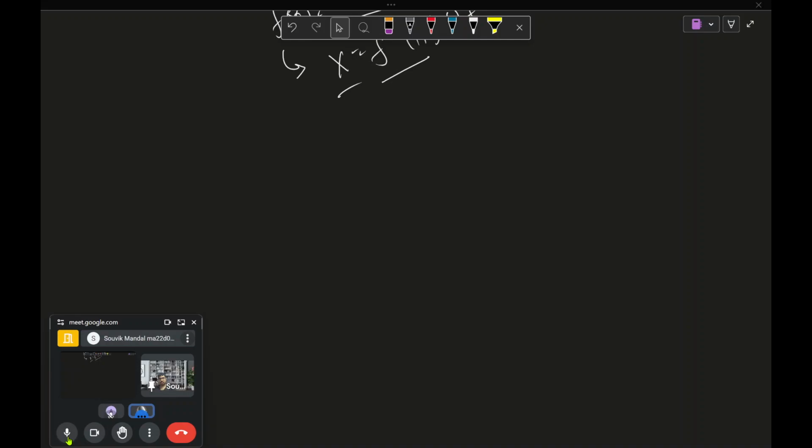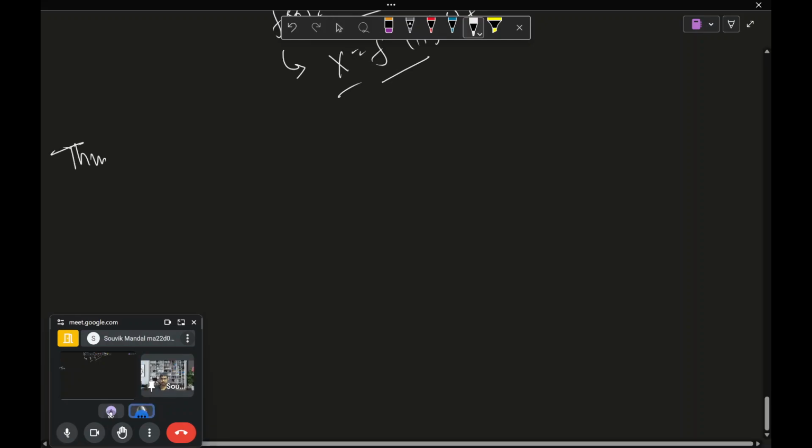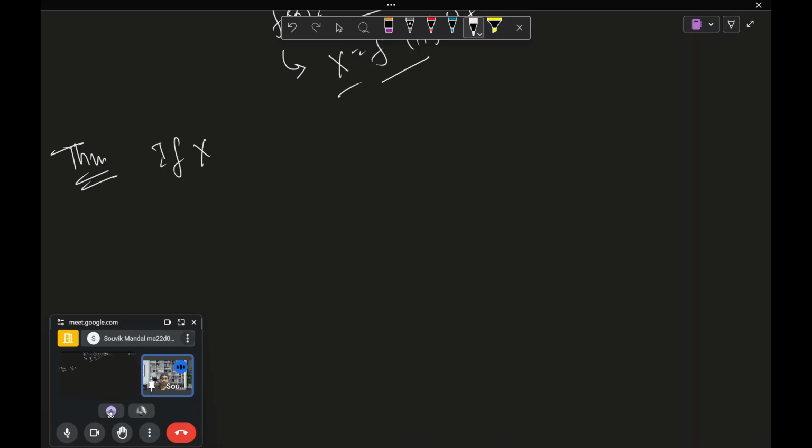Okay. So now the next theorem is as follows. If X and Y are connected, then X cross Y is connected.